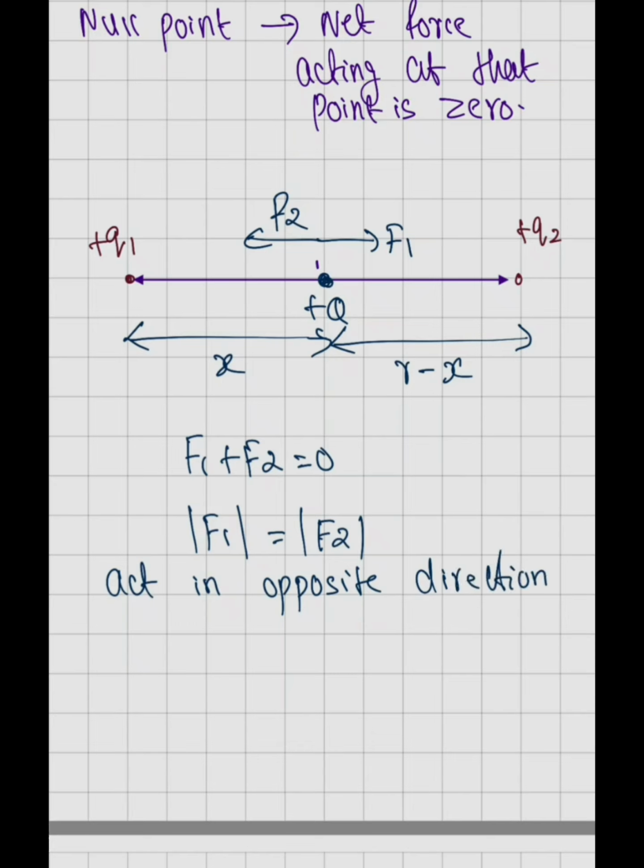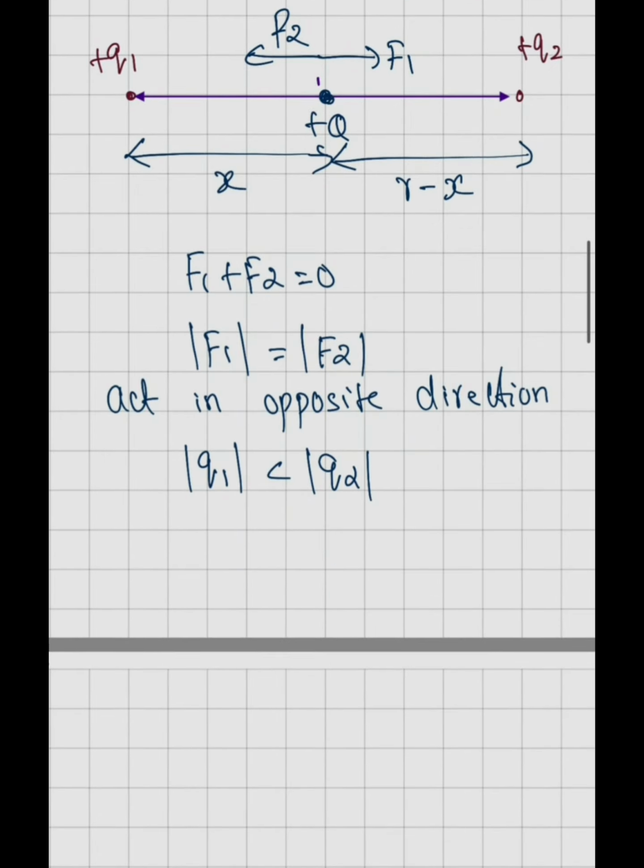So in order to find the position of the null point, just equate the magnitude of F1 with the magnitude of F2. And I already told you that the magnitude of q1 is less than the magnitude of q2.